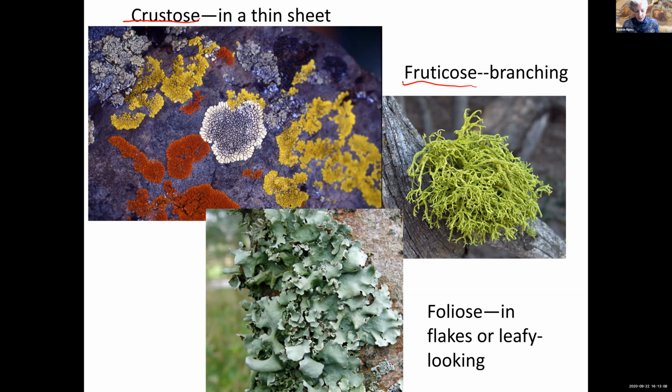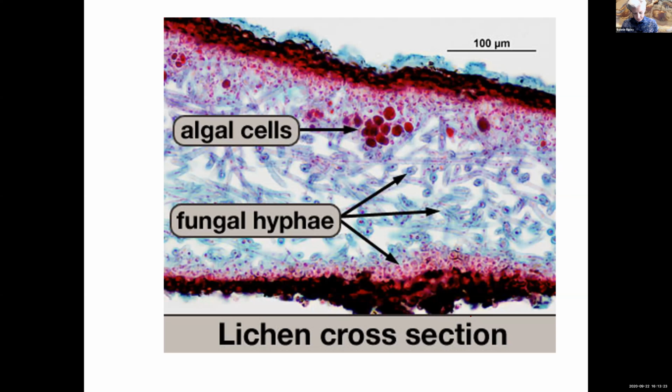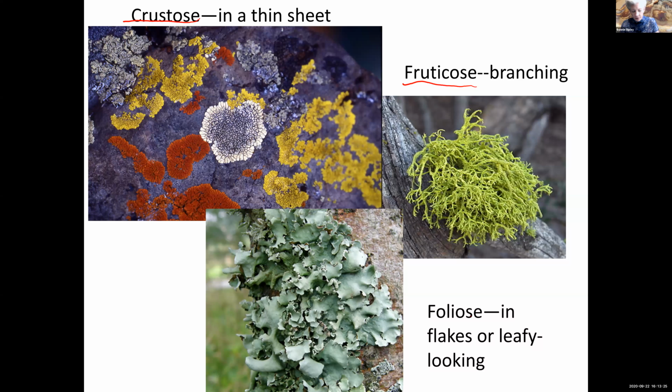And then if we have ones that look leafy, they're coming up off the surface of the rock in these thin sheets. We're going to say they are foliose. Foliose, like foliage. All right. Now notice the colors we have here.